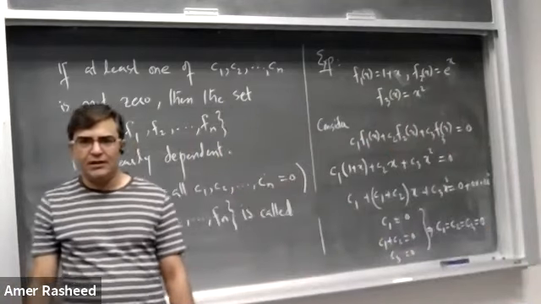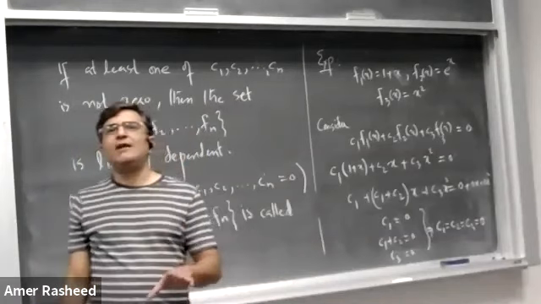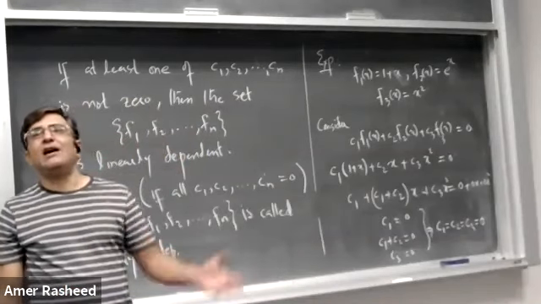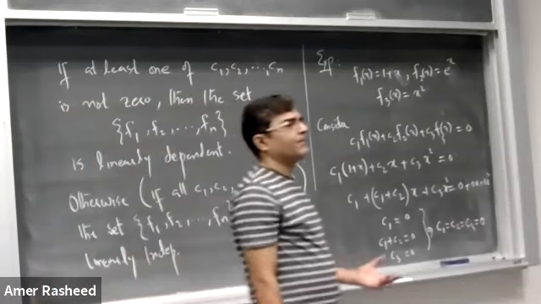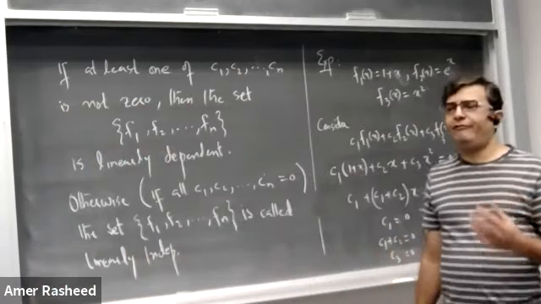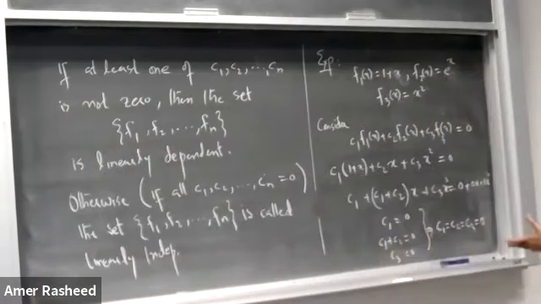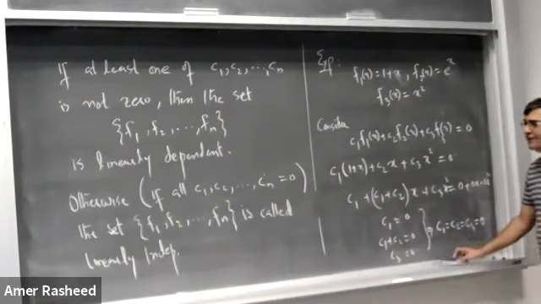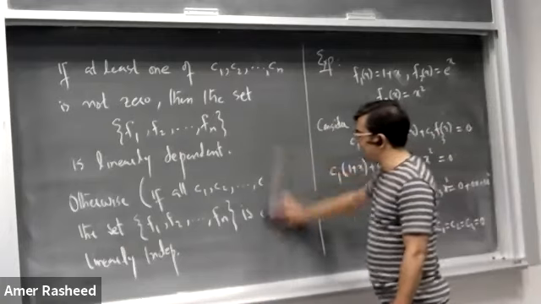It is not possible in that case. So we must have some other method which helps us to find whether the given set of functions is linearly independent or not. And that method is the method of Wronskian.